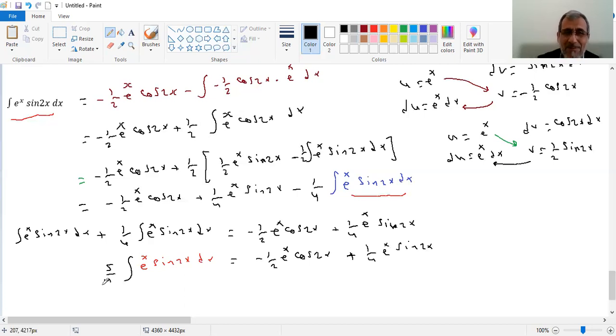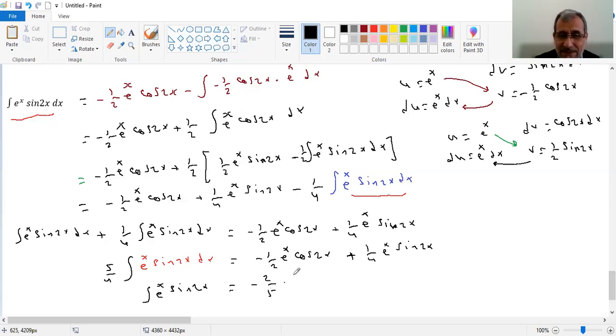Now, multiply by 4 over 4 and divide by 5 over 4. So what will be the integral? The required integral e^x sine 2x equals, again, divide by 5 over 4. So this one will be negative 2 over 5.